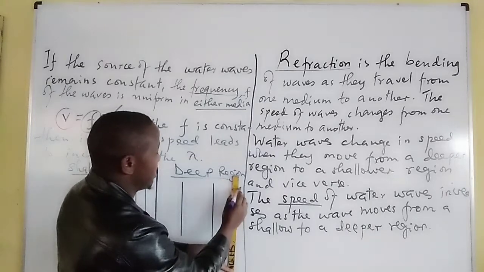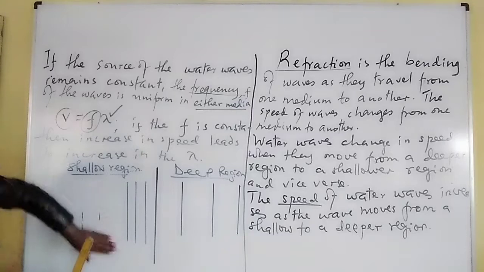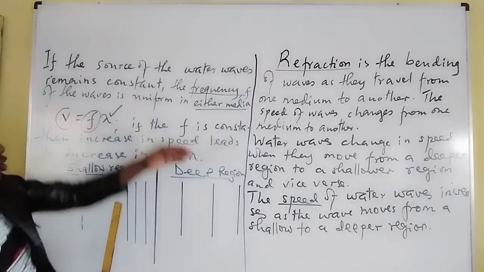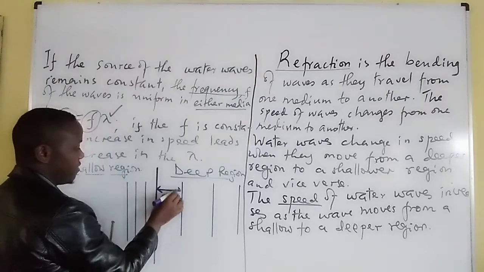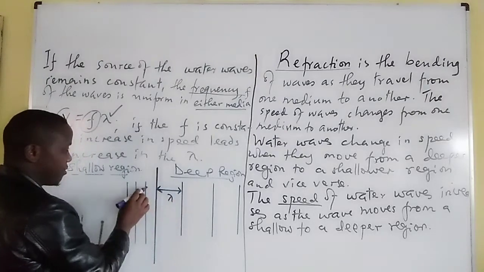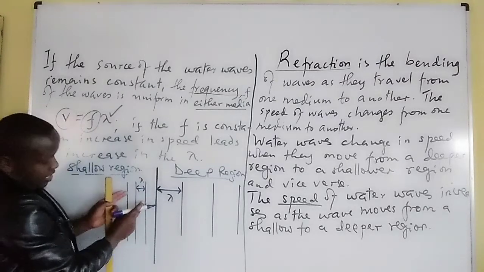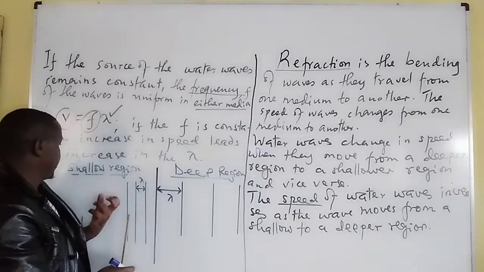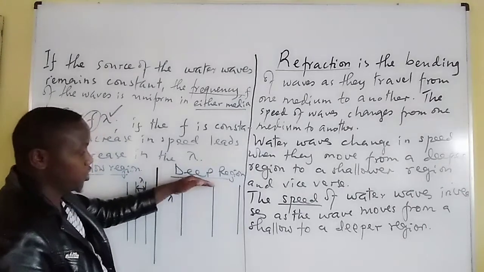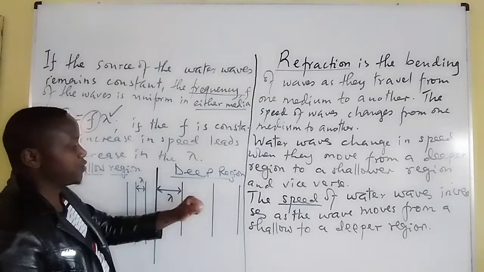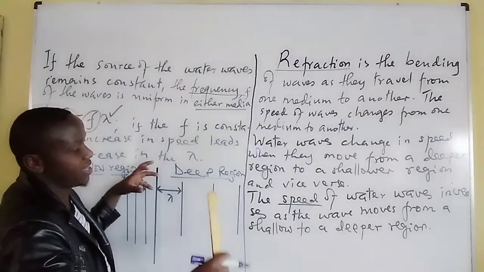When the waves cross over to the deeper region, the wavelength has become greater compared to the other case. So the wavelength is very small in the shallow region and very wide in the deeper region, because speed increases in the deeper region, and the frequency remaining constant, the wavelength also has to increase.